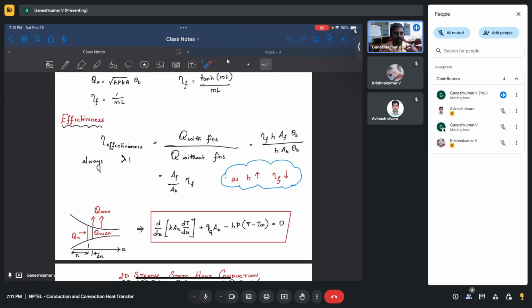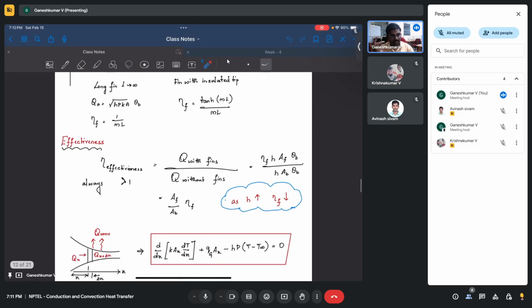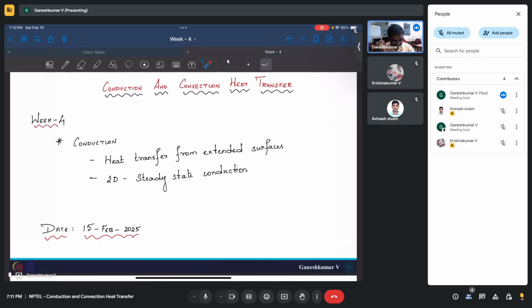So if you have a lot of complications in your system, then you can use this general equation. Of course, it's for 1D analysis, and you can solve this equation and get the temperature field and heat transfer and everything. So this is what we saw in week 4, a quick recap for you.